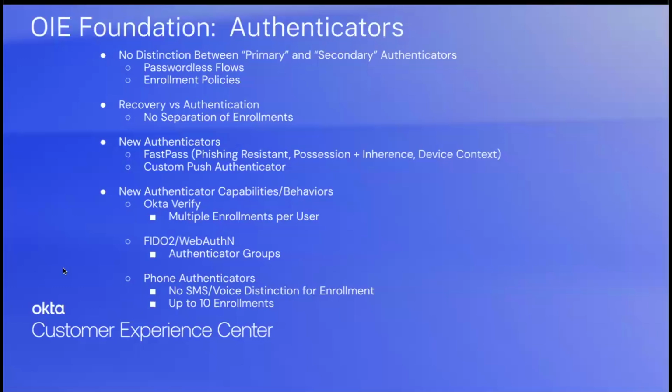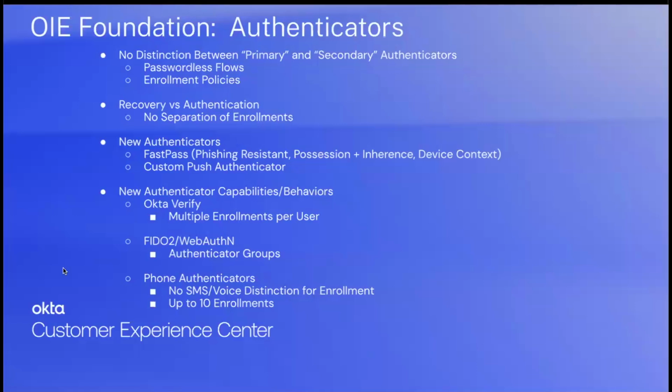Some customers have more specific requirements around what they want to allow or disallow. So you can now define that, calling out specific types of FIDO2 authenticators, creating those in an authenticator group, and then creating your enrollment policies to reference those specific authenticator groups, and not just everything that would qualify as FIDO2 WebAuthn.